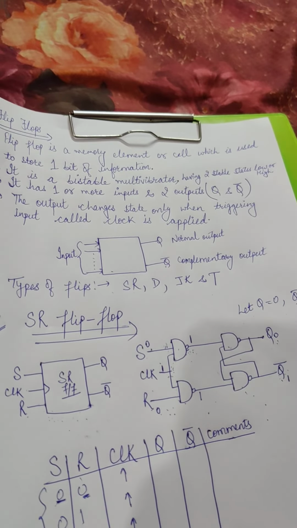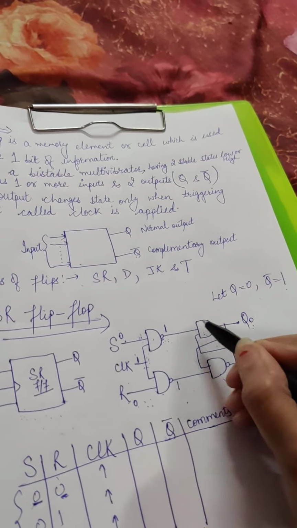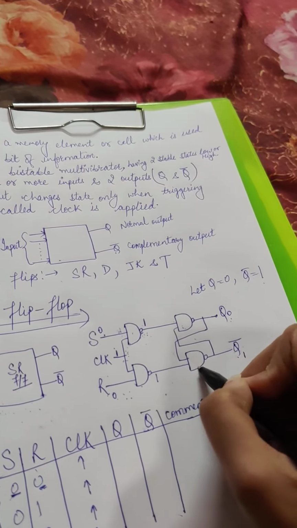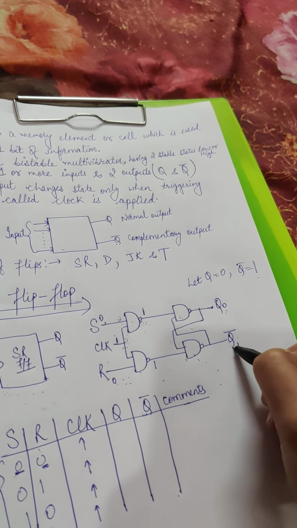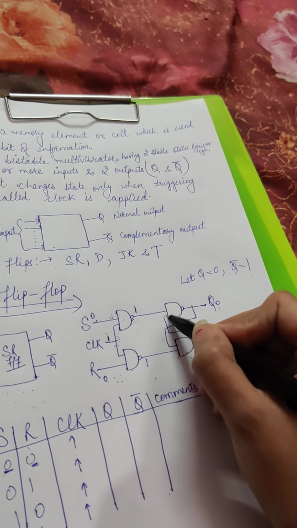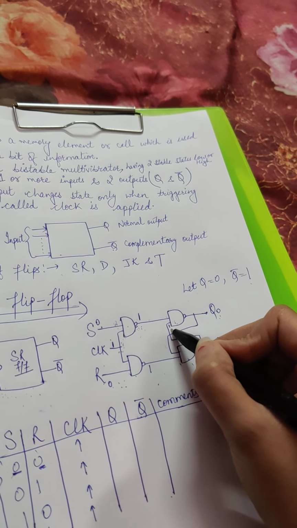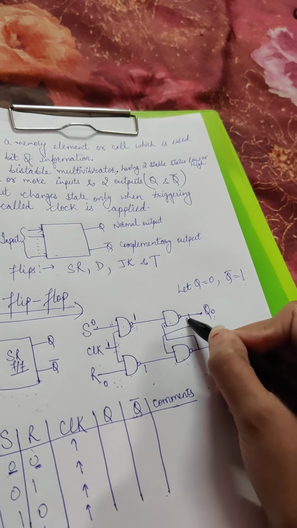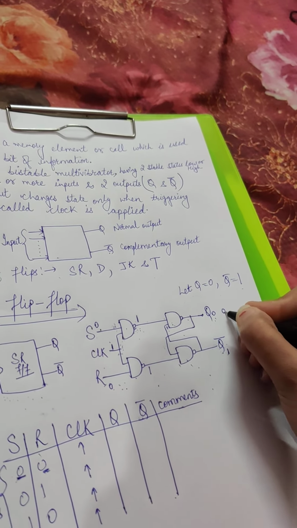Then, input to this gate is this 1 and input to this gate is this 1. And Q bar, which is 1, is fed to this gate. So this is also 1. So 1 into 1 is 1 and its complement is 0. So in the first case, output is 0.